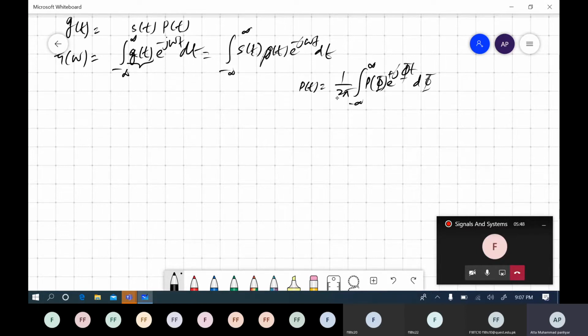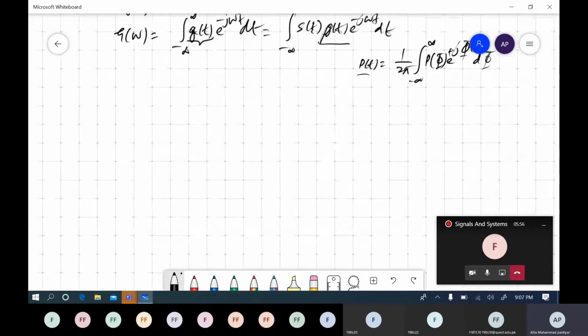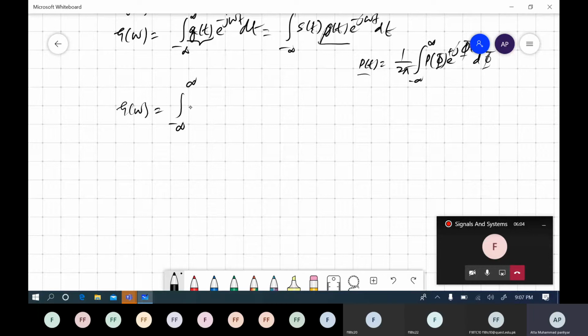Now I'm going to put this p of t into the original equation. So what would be the final G of omega? G of omega must be equal to the integral from minus infinity to infinity of s of t, same, right?